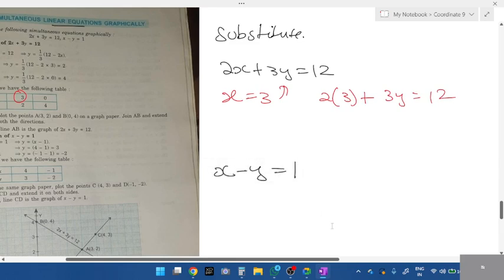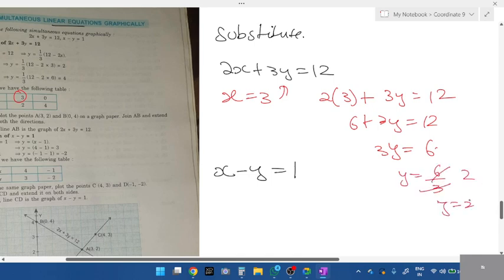How do you solve this? 6 plus 3y is equal to 12. 3y is equal to 12 minus 6. How much is 12 minus 6? 6. So what is the y value? 2. So when you assume x as 3, you're getting y as 2, students. The first equation is done.